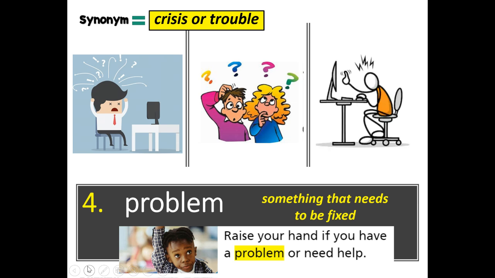Raise your hand if you have a problem or need help. So oftentimes when you have a problem, you need help. Or when you have a crisis or trouble, you need help. So think about it. Do you ever have a problem unzipping your jacket? So, do you ever have trouble unzipping your jacket?